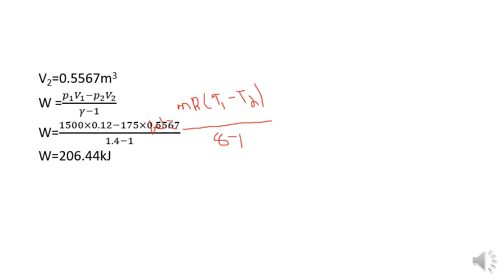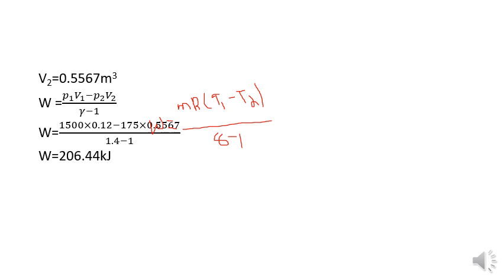So these are the problems related to the adiabatic compression and adiabatic expansion process. In these, mainly two formulas are there. One is the expression for the work done during the expansion and compression processes, and the other is the relation between pressure, volume and temperature. So once again I am telling the formulas. Work done during expansion is P1 V1 minus P2 V2 by gamma minus 1, or MR T1 minus T2 by gamma minus 1.